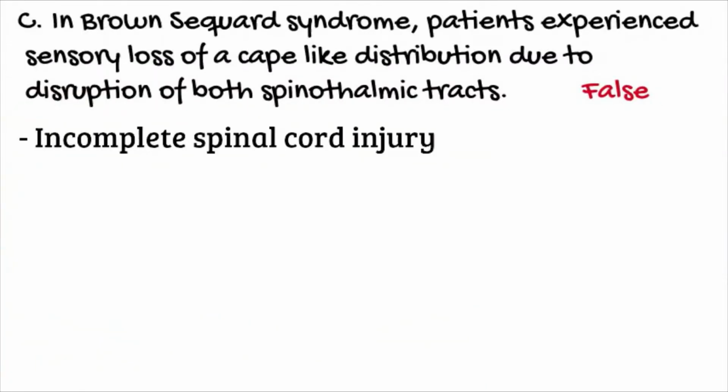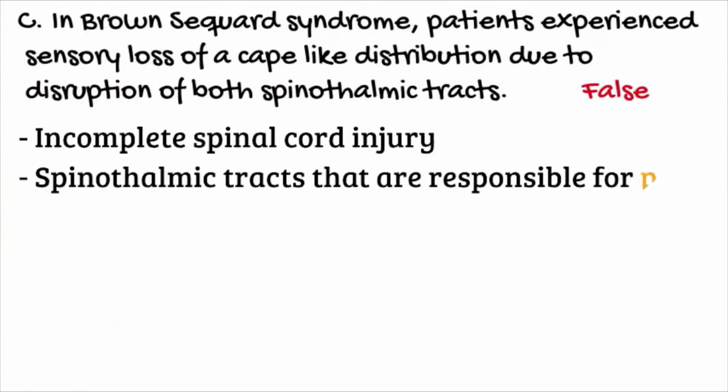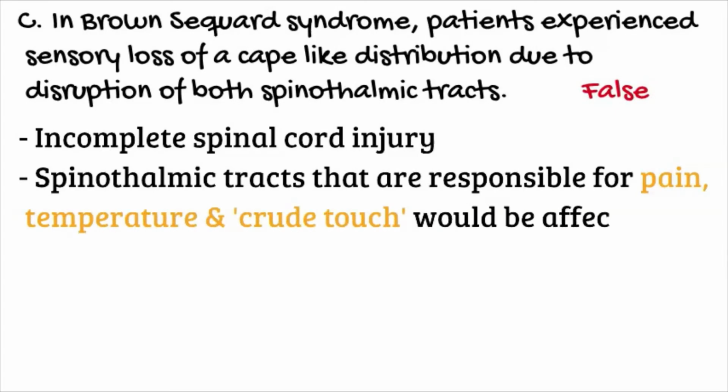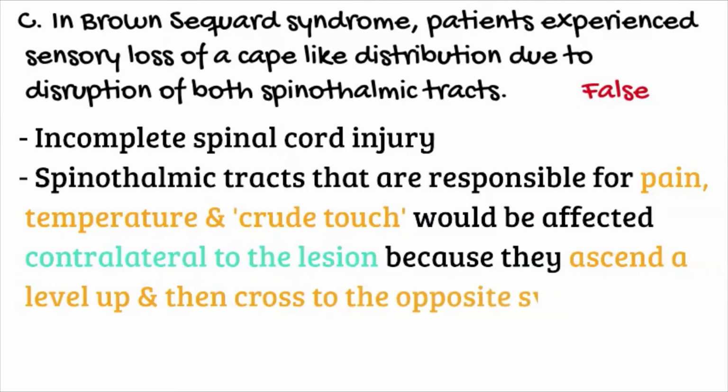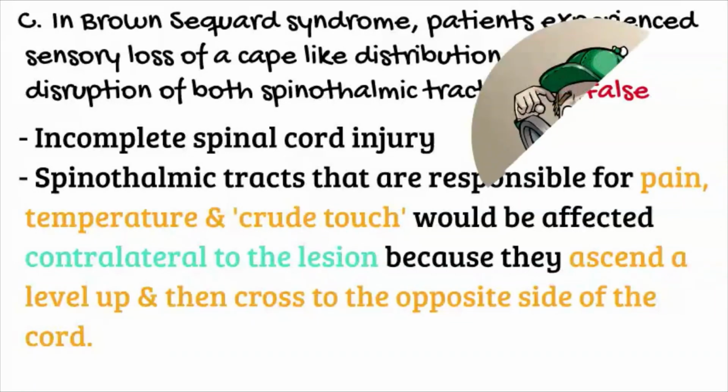It is an incomplete spinal cord injury. Spinothalamic tracts that are responsible for pain, temperature, and crude touch would be affected contralateral to the lesion because they ascend a level up and then cross to the opposite side of the cord.